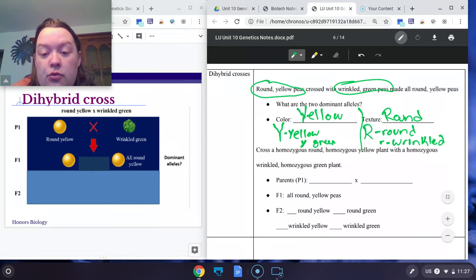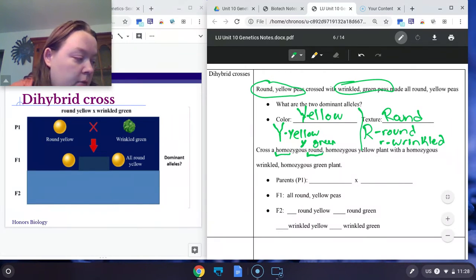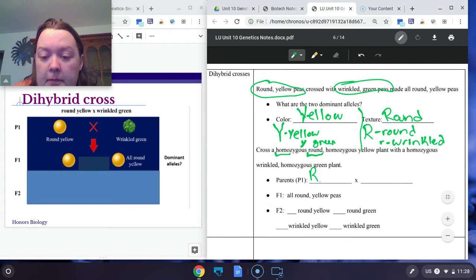So that's how you would make your key. You make it for each of the two separate traits, and then we're going to combine them here in a second. So again, this initial cross crossed a homozygous round, homozygous yellow. So homozygous for round, just practicing. Remember that prefix homo means same. And we said that our letter that we're going to use for round is big R. So homozygous round would be big R, big R. That plant is also homozygous yellow.